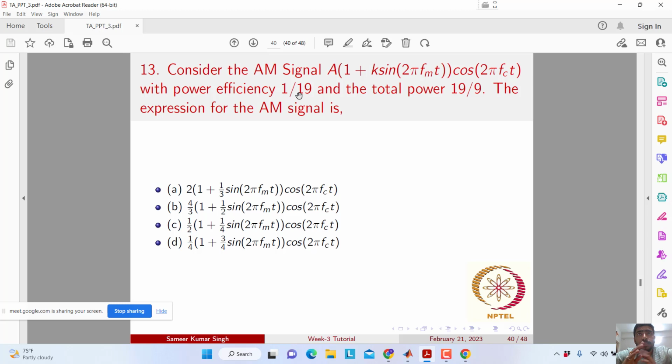So using the same concept, try to find the value of A and K. We have a power efficiency 1 by 19. So from there we can calculate K. Okay, please try.